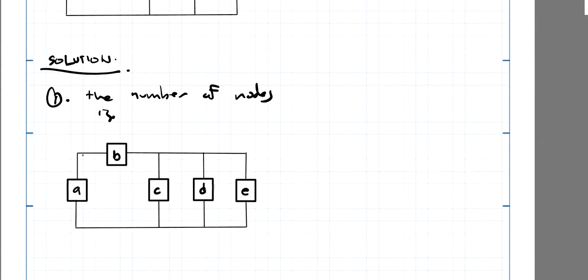So a node is a connection between two elements. So this is one element. So we have this. We'll use red color, right? And this is another one, right?